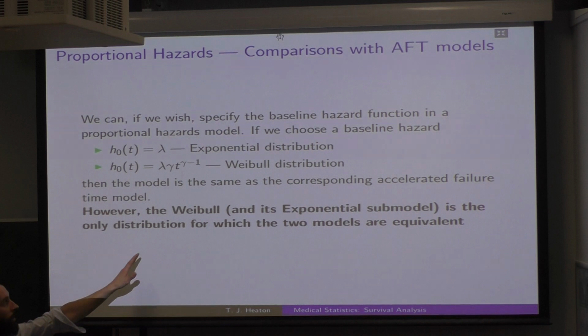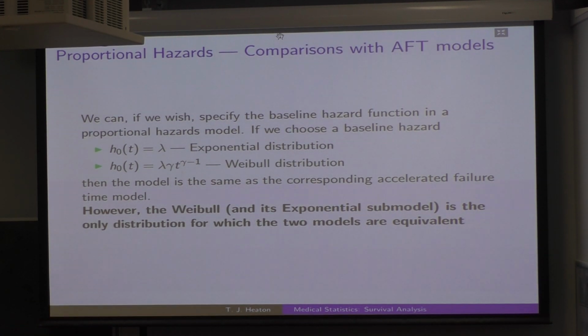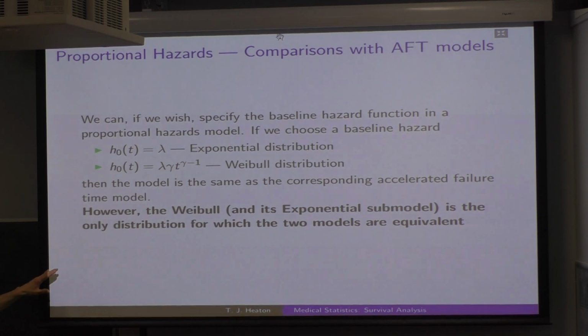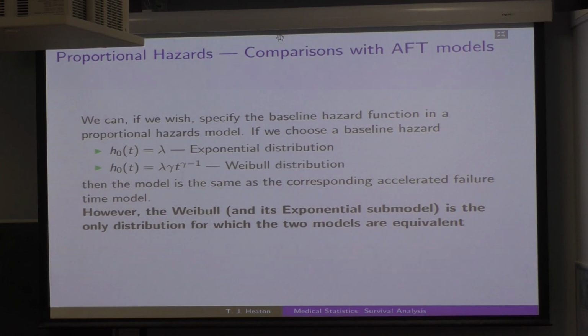But the Weibull and the exponential are the only distributions where that works. If you specify a hazard that's not one of those two, it'll be different from the accelerated failure time model. So they really are two different approaches to trying to fit or investigate how variables affect survival.